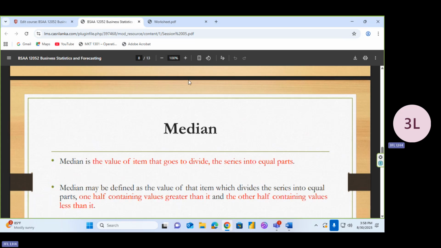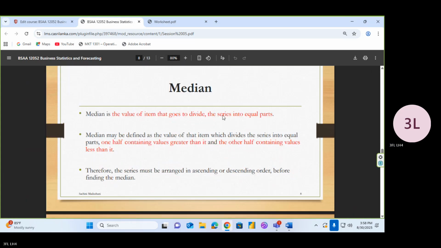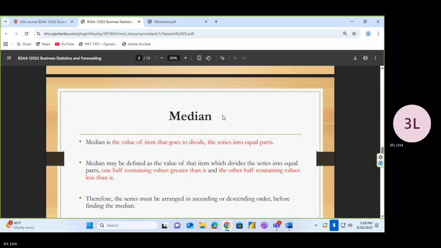Then we move into the next central tendency measurement: median. Median represents the middle point of the data set. Using the median value, we can divide our data set into two equal parts, because the median represents the middle point.